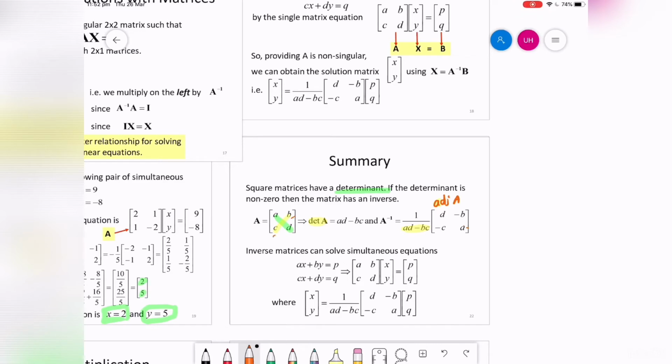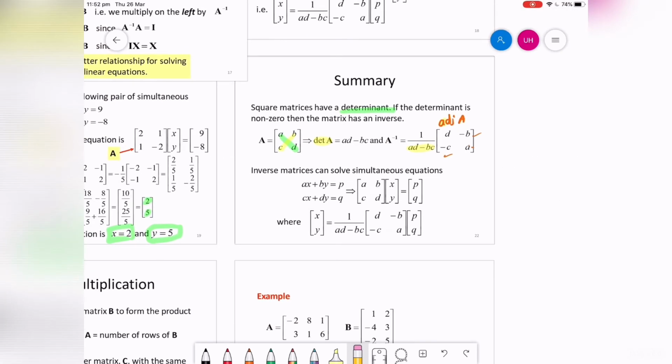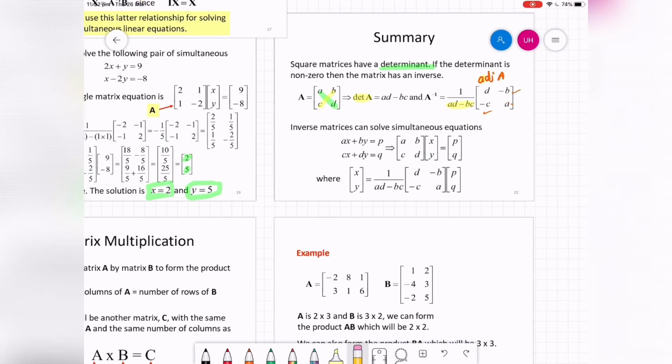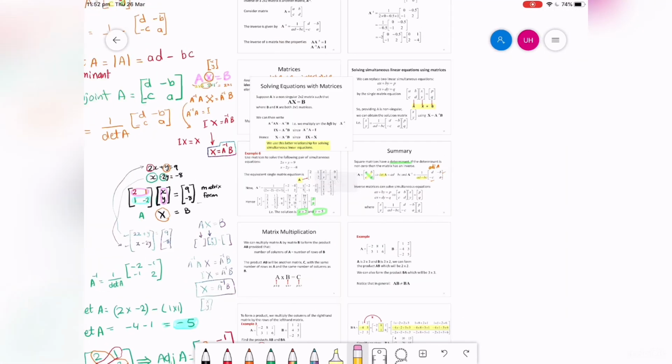That's why they are minus B and minus C here in this term. Inverse matrices can solve simultaneous equations, as I explained to you here on this example. I will give you another example.